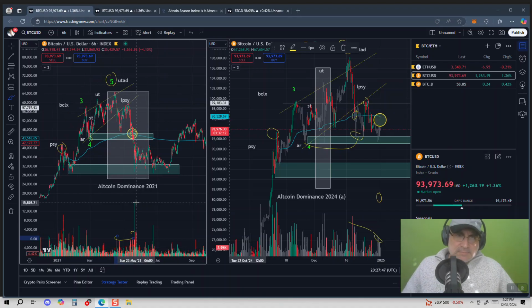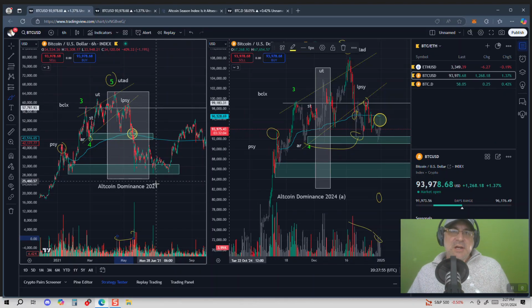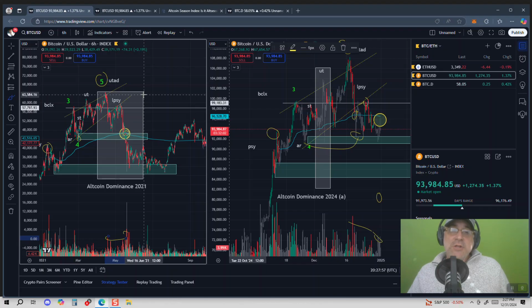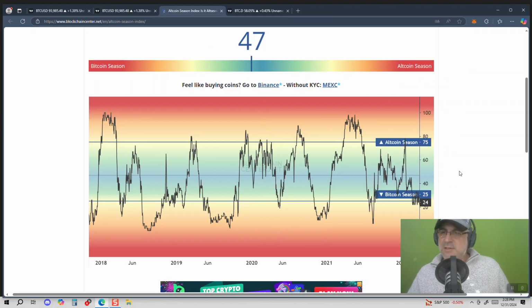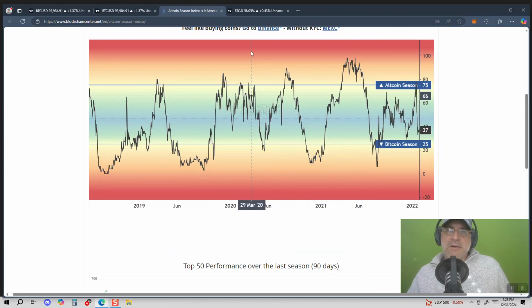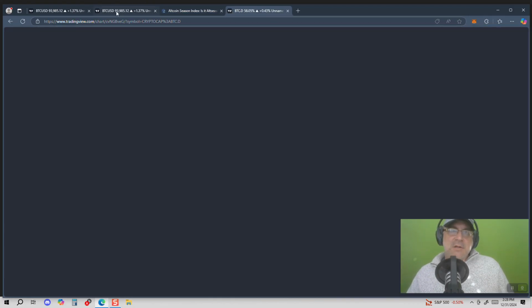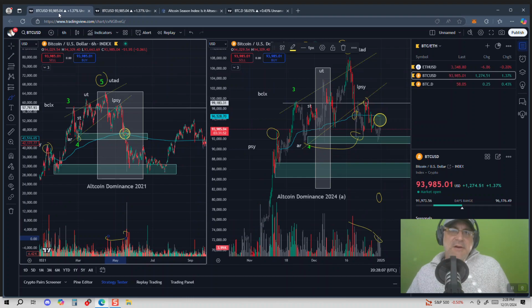Now, let's get to alt season. Let's get to the concern of alt season. Now, these large white rectangles, this is according to the altcoin season index chart, which is this. These are the areas where altcoin had its predominance.